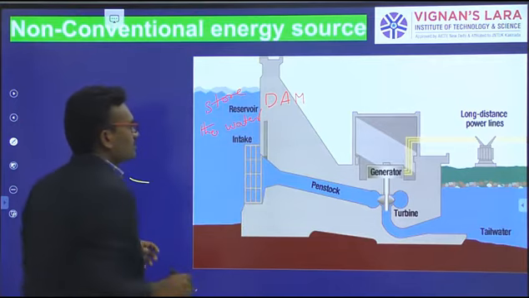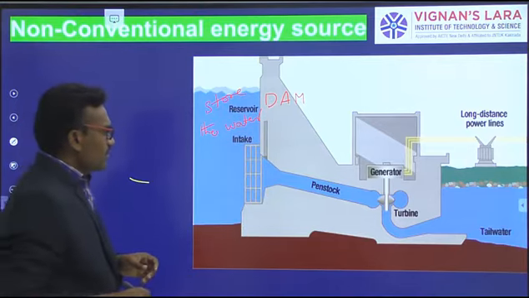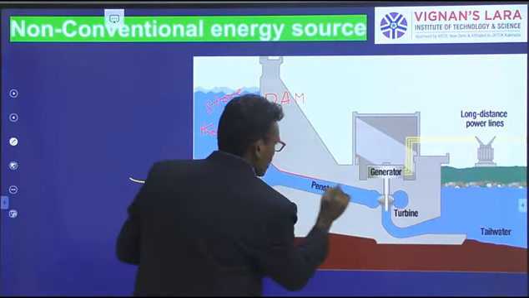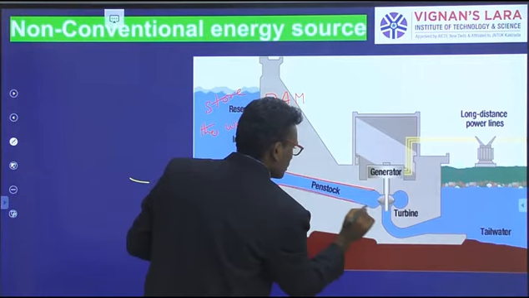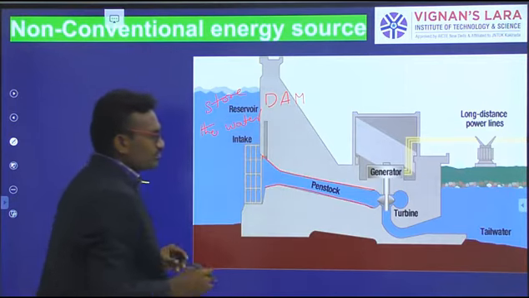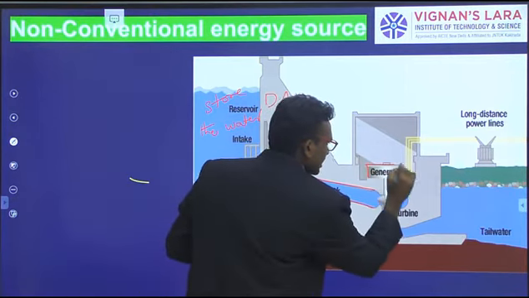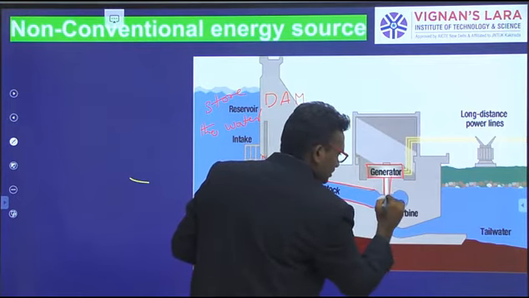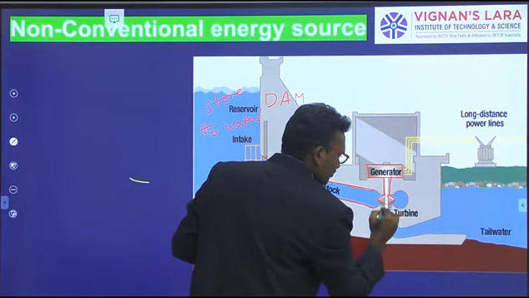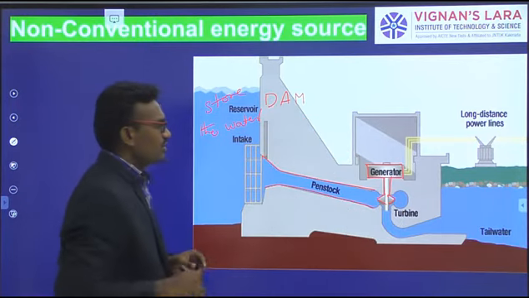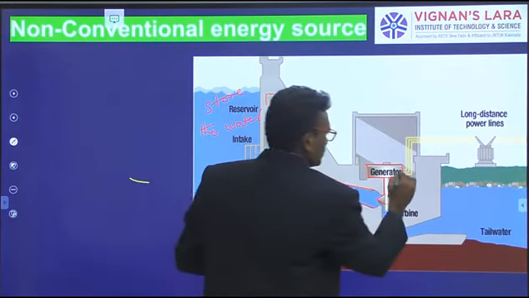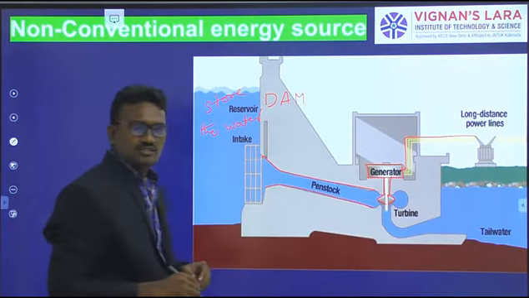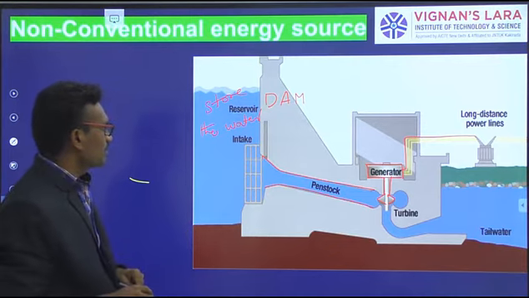This is the penstock. This is the generator. This is the turbine, and these are the turbine blades. The electricity is connected to powerhouses, transformers, etc.